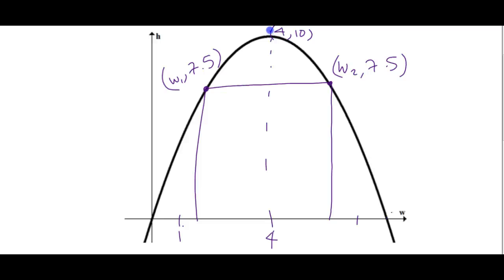Okay, use your calculator. Mine's broken. Hopefully at least one of you has graphed this already. So what are you going to do? You have to enter Y2 equals 7.5, and you need to find the intersection of Y1 and Y2.